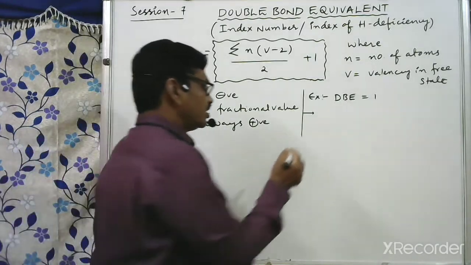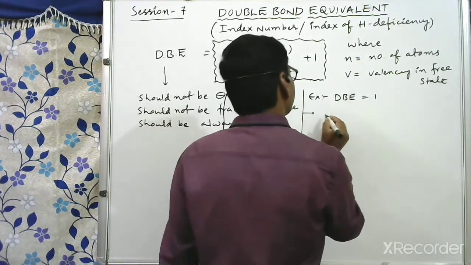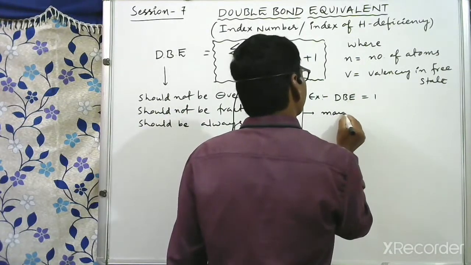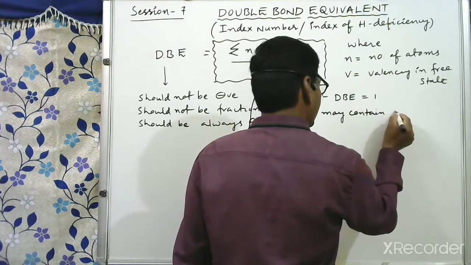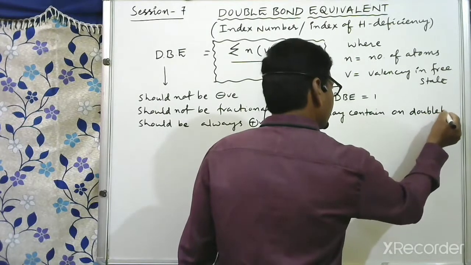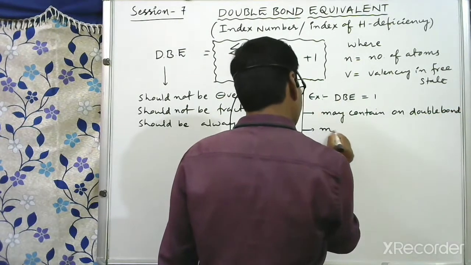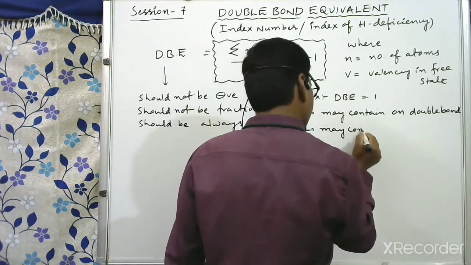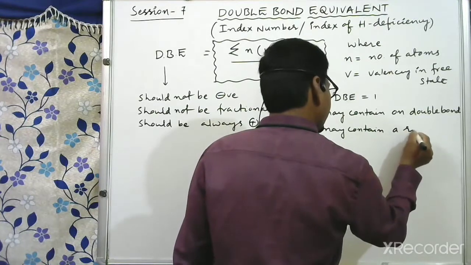So if you get double bond equivalent equal to 1, it means it may contain one double bond, or it may contain a ring component.